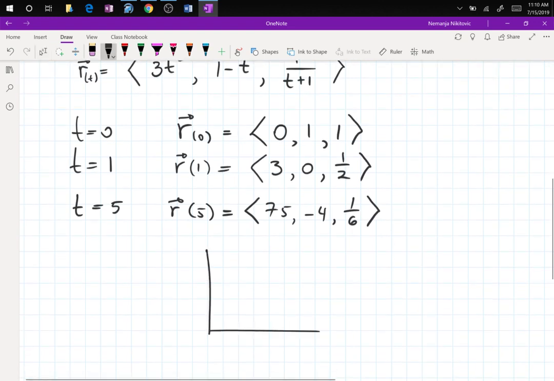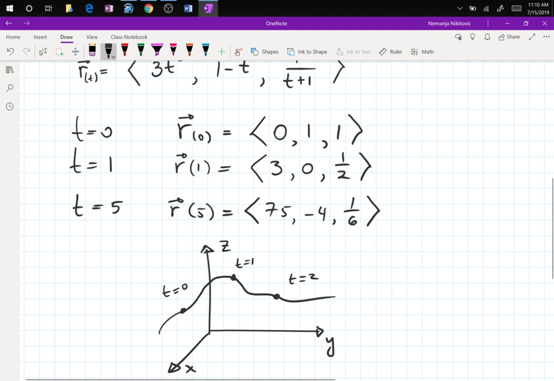In a three-dimensional system XYZ, you are going to find these points, t equals 0, t equals 1, t equals 2, and you will be able to set some curve through those points. So a vector valued function allows you to trace any curve in three-dimensional space.